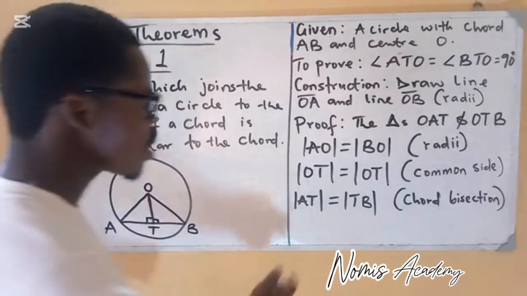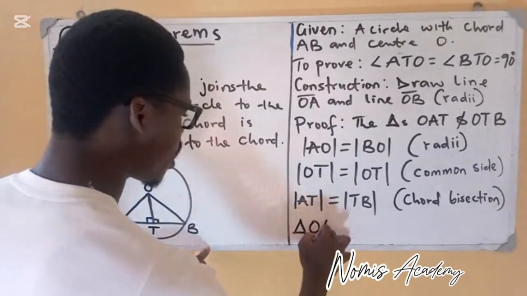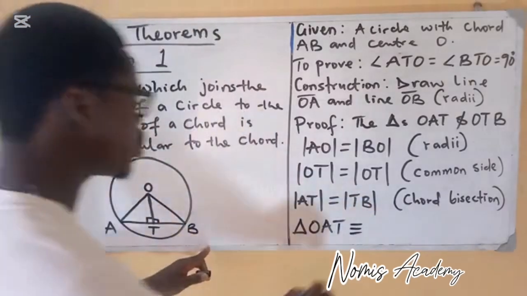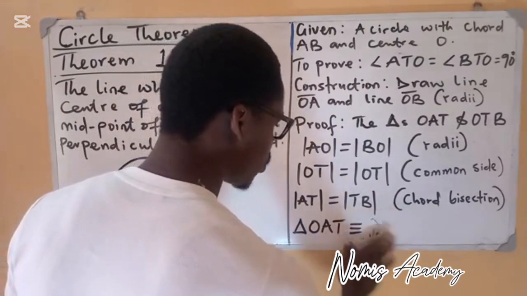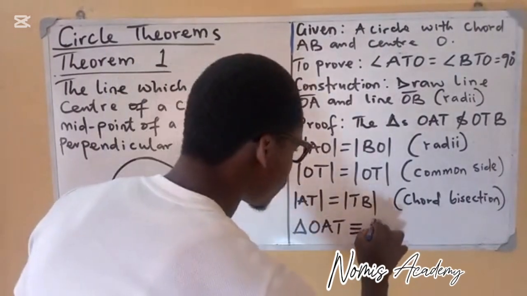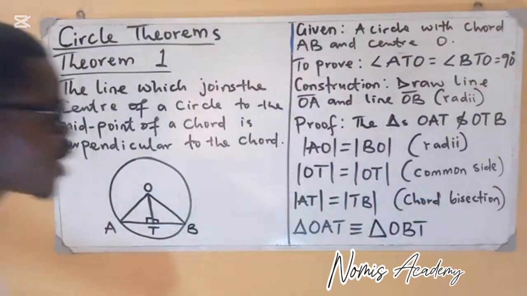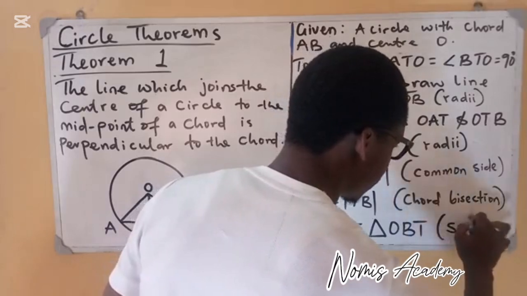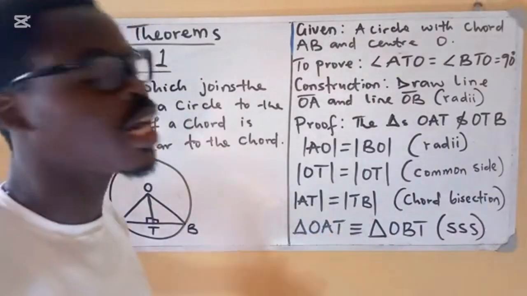Now, we can now state that the triangle OAT is congruent to triangle OBT, and then the congruency is SSS, meaning that the three sides of the triangles are equal.